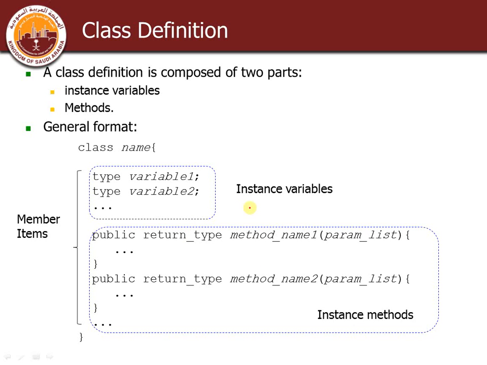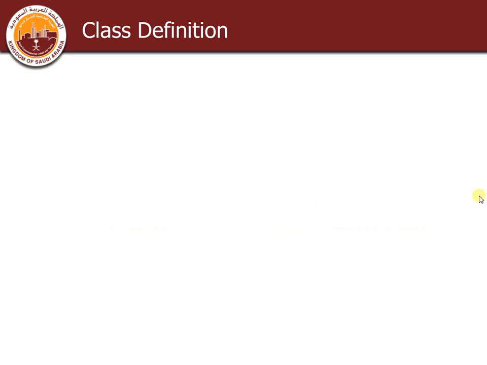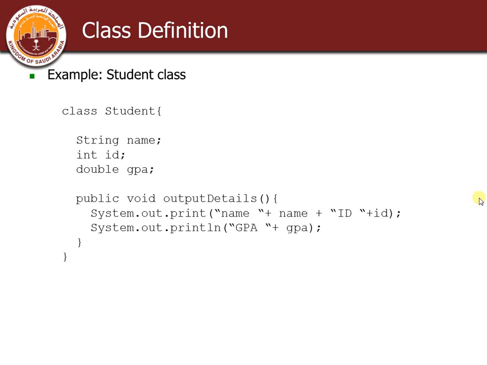And okay, all of those we call member items. Maybe let's have an example first. This will give you a better picture of a method, and this is one method over here, and there are three instance variables. Of course we can understand that name is a text, ID is an int, and GPA is a double.